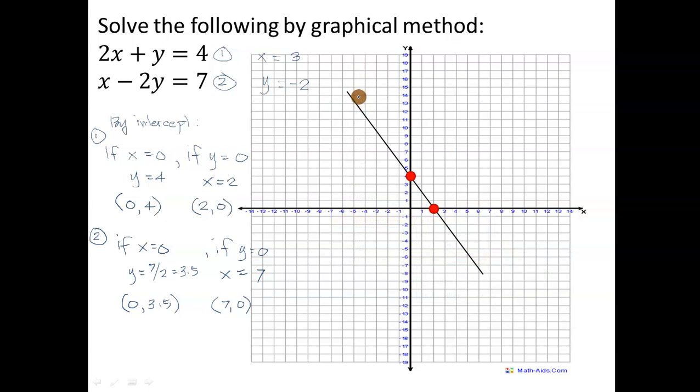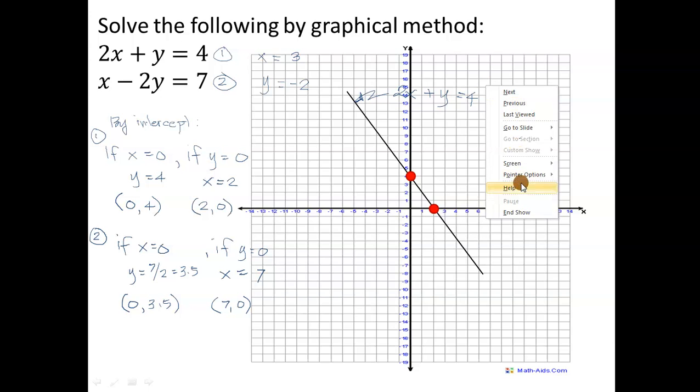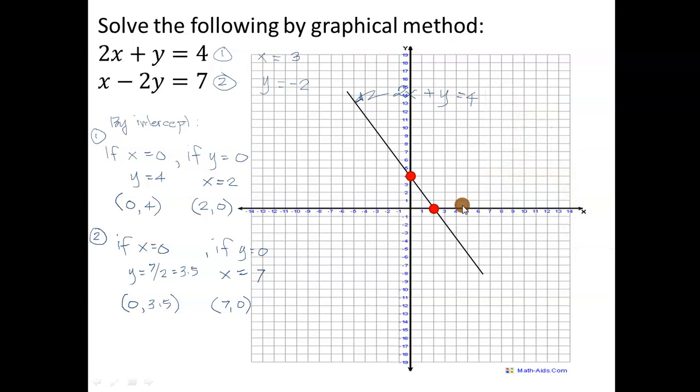So let me put a label on that line. So this line here is 2x plus y equals 4. Okay? So next, to plot these points, 0 and 3.5. Okay? This is that one. By the way, this should be negative 3.5.